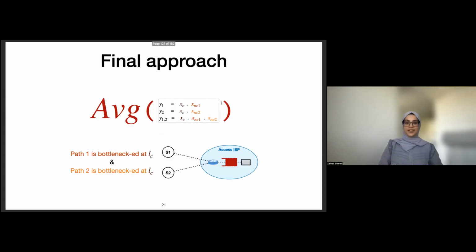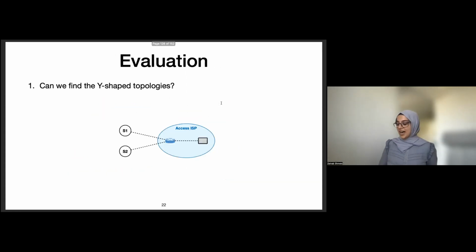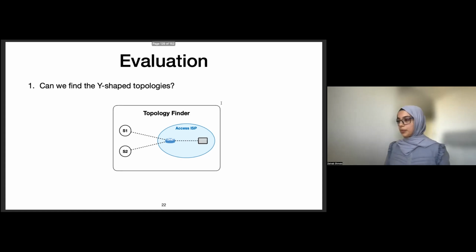So finally, evaluation. Based on what we talked about so far, we have two parts. One part is finding topologies, and the second part is assessing our algorithm. Our first evaluation is: can we find these Y-shaped topologies on the internet? To do so, we implemented a process which we call the topology finder.